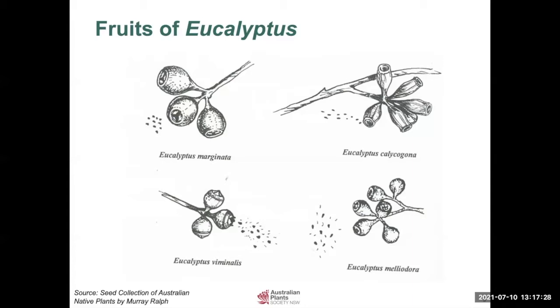And if you look at the little diagram below, you can see the valves are exserted, sitting above the capsule and opening up. So that's one of the ID features for eucalyptus, looking at those valves on the capsules.